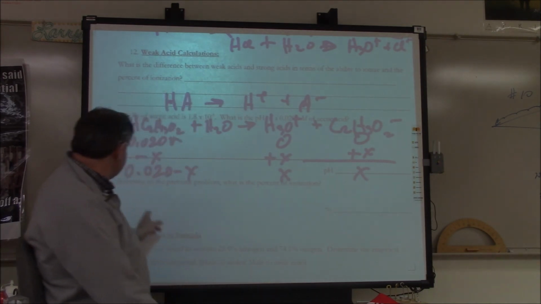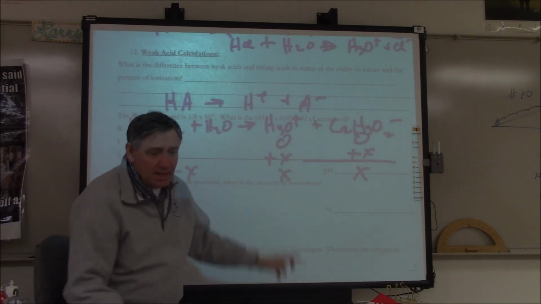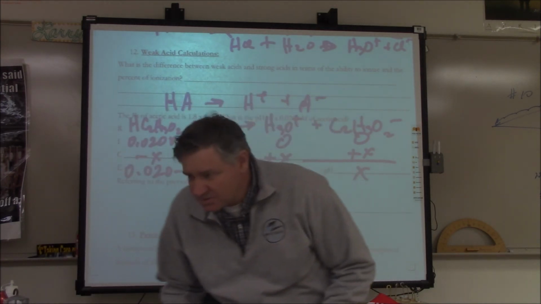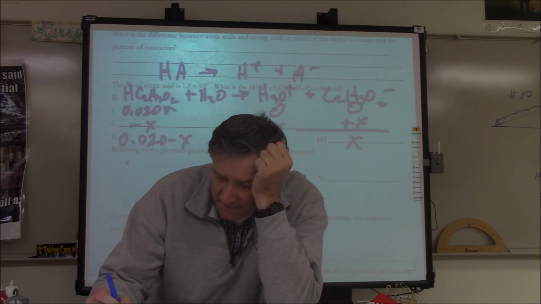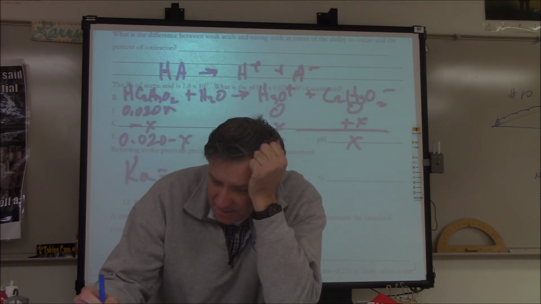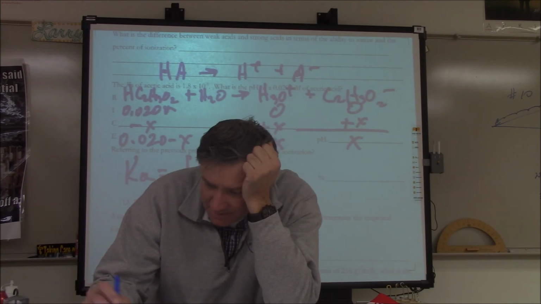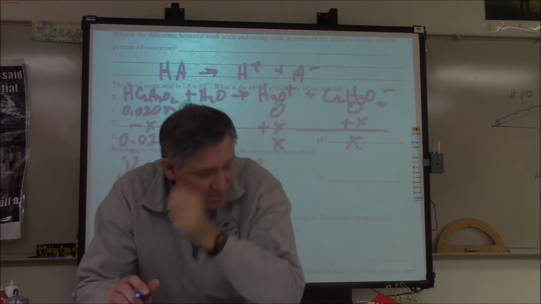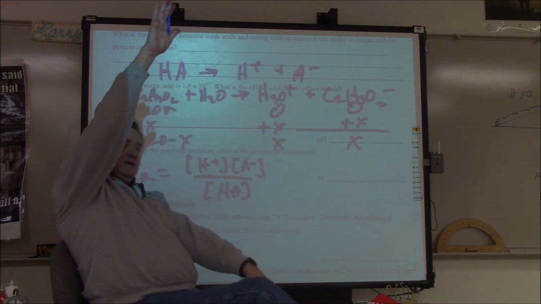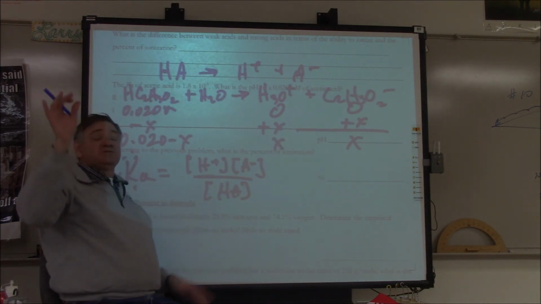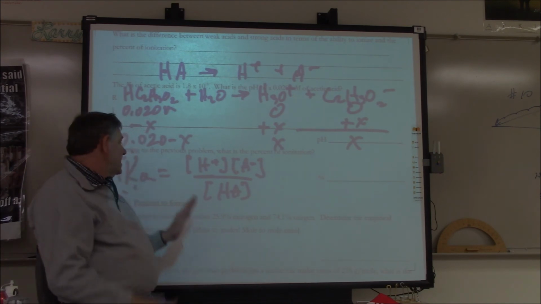So here's what's going to be important. This is this equilibrium line. Now, if you look on your equation sheet, you have Ka equals your hydronium ion concentration times your anion concentration divided by HA. Now, let's talk about this value of K. Anytime you see the big K, that means you're at equilibrium. So I'm just going to begin to plant this seed.